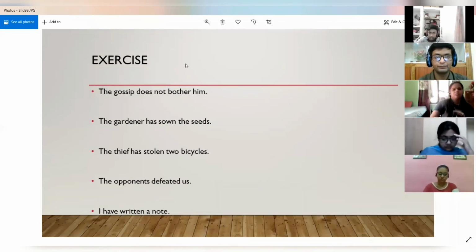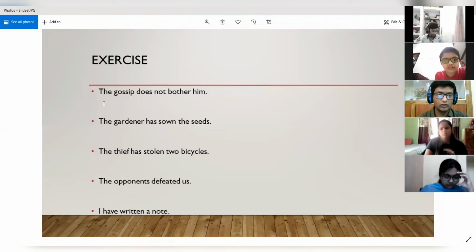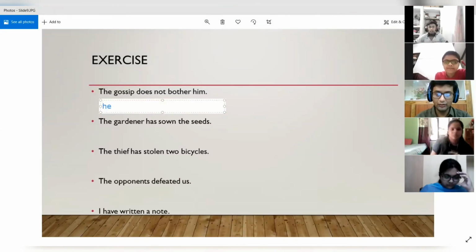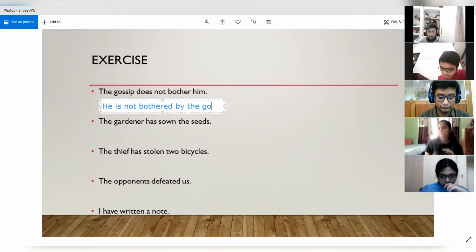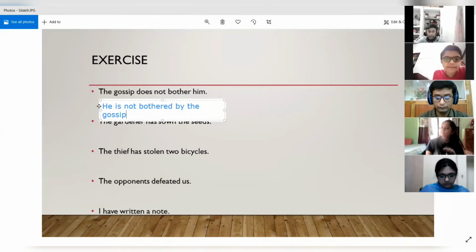All right. So Mayank, what are the changes you are making over here? Tell about all of them. Sir, the first change is, the bother here, him is the object here. And we shall change him by the gossip, which made this sentence passive.